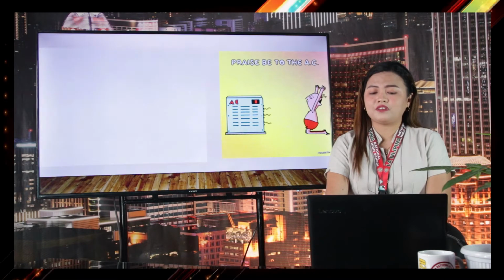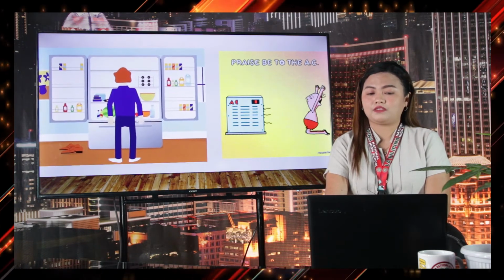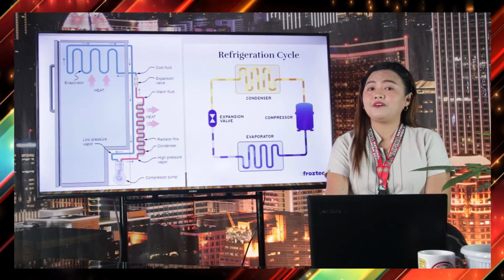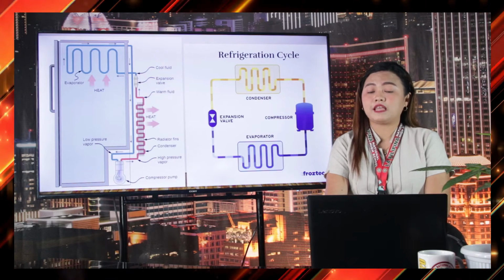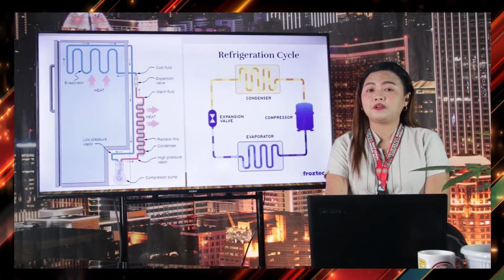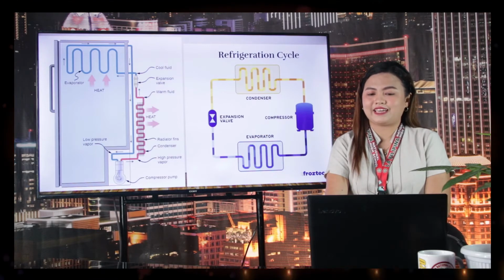How do the refrigerator and air conditioner work? Let's start with the refrigerator. We have here two illustrations. The first illustration shows the parts of the components of the refrigerator, and the second one is the refrigeration cycle.